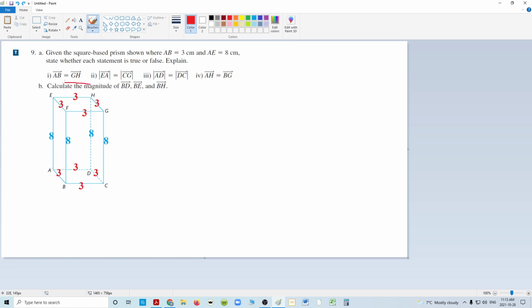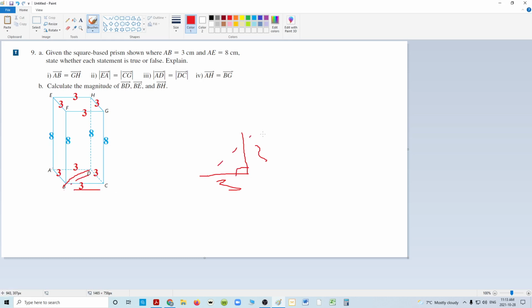Okay, and calculate the magnitude of BD. So we're going to go from B through the bottom triangle. So we're talking about a triangle like that and like that. How do I know? Because this is a square down here. Squares have right angles. This side is 3, this side is 3, and they want to go diagonally across.